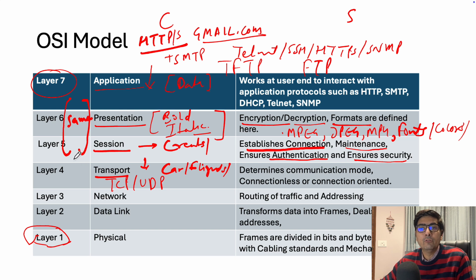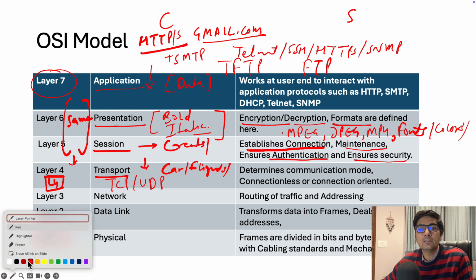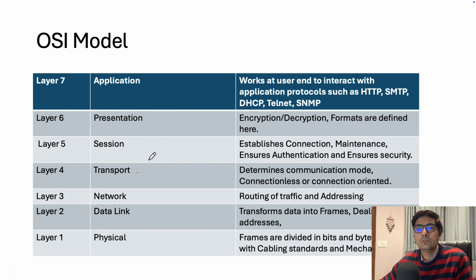But when it reaches the transport layer, it adds an additional header. It is known as the layer 4 header. Let me clear this. So transport layer adds an additional header on the data, and it also divides the data into segments.